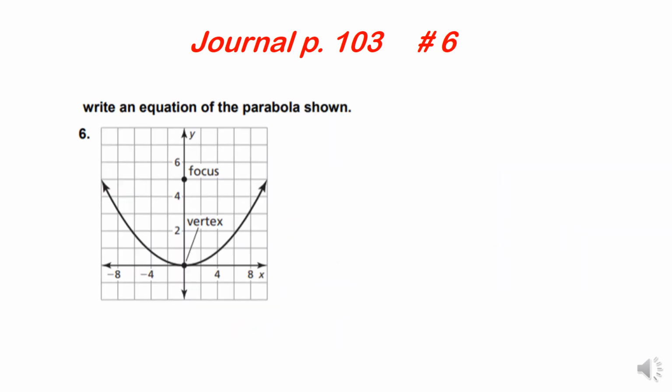All right. Now for this one, they want you to write an equation of the parabola. So the one thing that's important to see right away is that my vertex is 0, 0. Okay, remember our standard form. This is a happy face graph: y equals x squared, or y equals 1 over 4p x squared. So that's what you need to remember. So look here, my focus is at 0, 5.